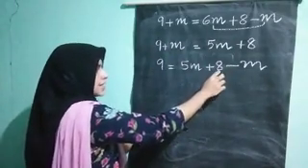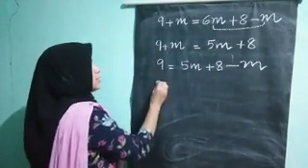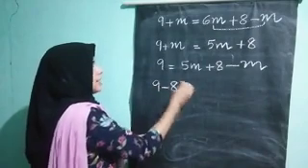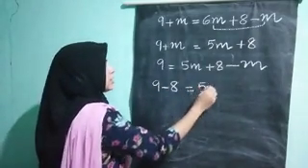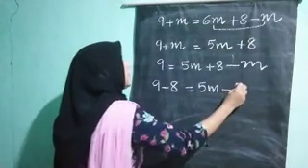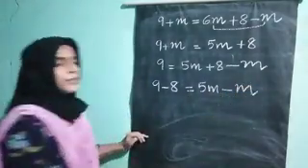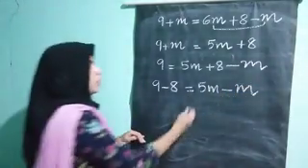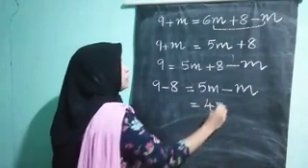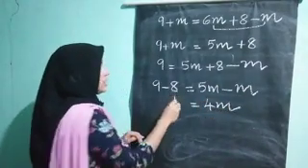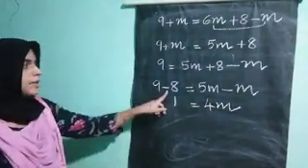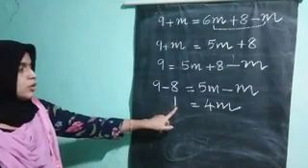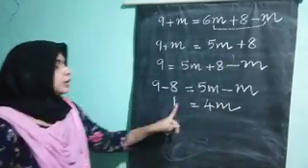Take this plus 8 to the other side. So it will become minus 8. So here 5m minus 1m. 5 minus 1, 4. So 4m equal to 1. 9 minus 8, 1. So 4m equal to 1.